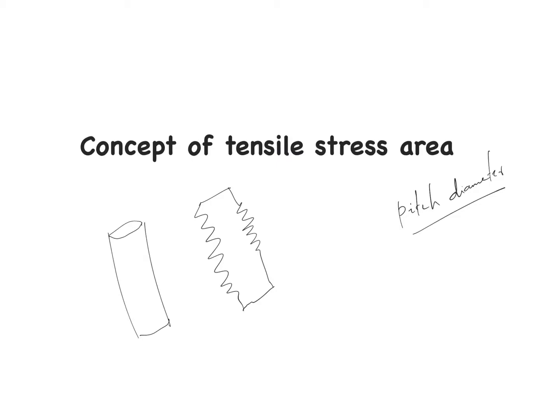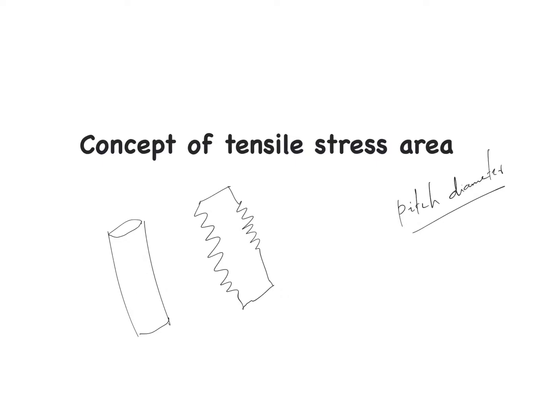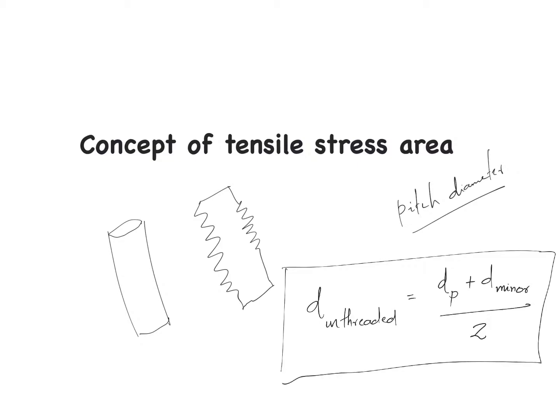Then you should choose the diameter of this particular unthreaded bar in such a way that the diameter of the unthreaded rod is equal to the mean of your pitch diameter and the minor diameter. Mean is simply given like this. So make sense? That is the tensile stress area of a particular fastener.